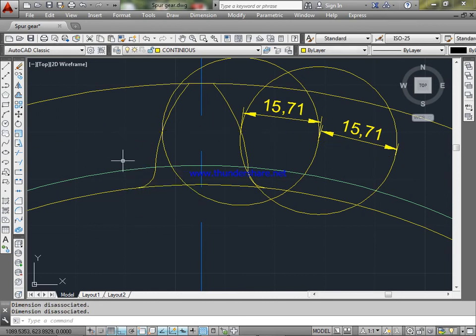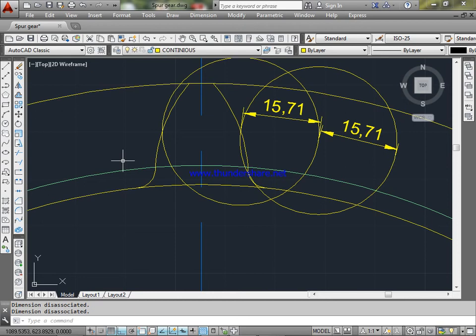In AutoCAD, we draw the rest of the teeth of this spur gear in one command only. But on a drawing sheet, we should manually draw the rest of the teeth.